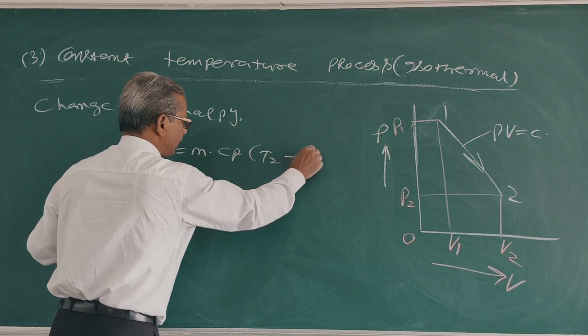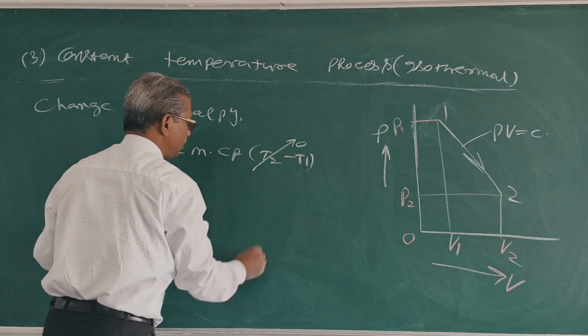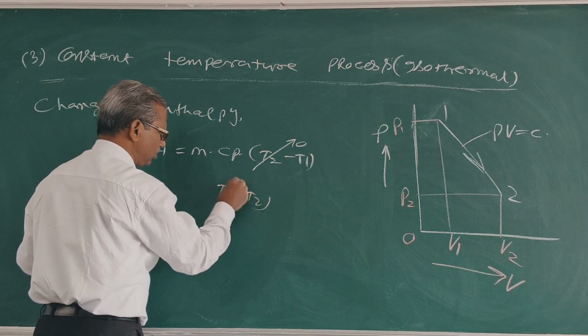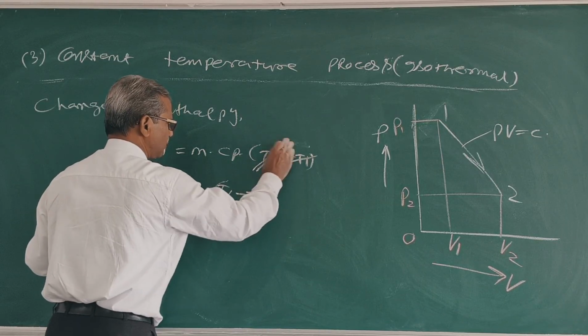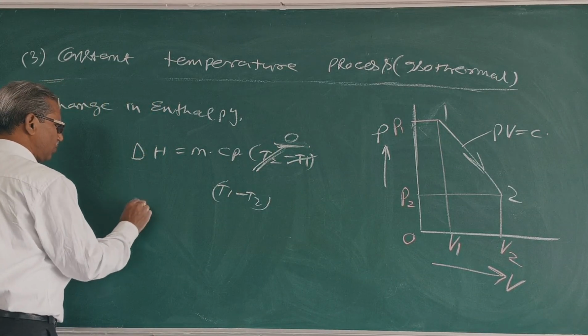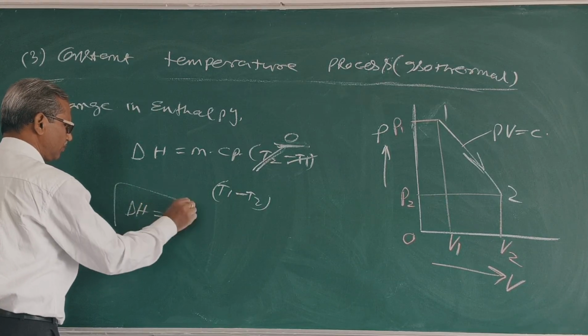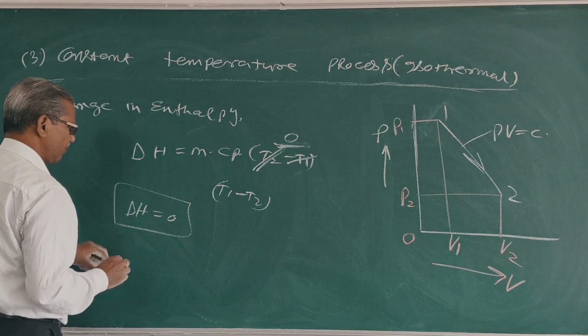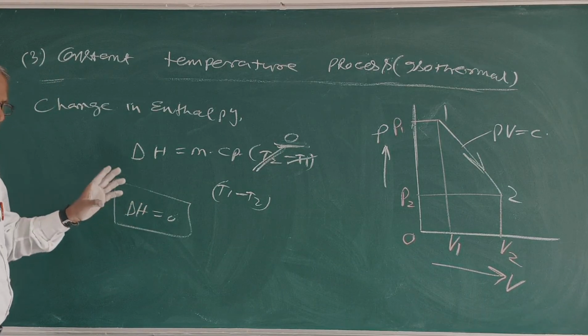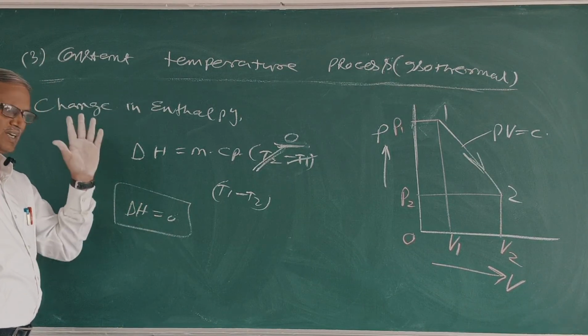This is 0 because T1 is equal to T2, they cancel each other. So this quantity is equal to 0. So delta H is equal to 0. Clear? This is about work done, change in internal energy, heat transfer, change in enthalpy.